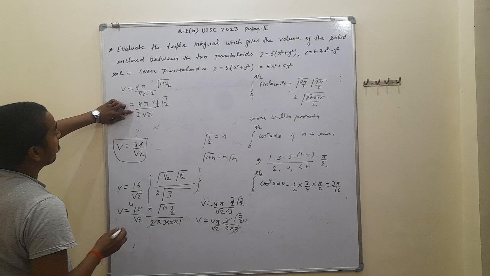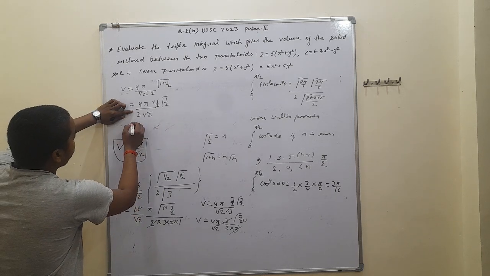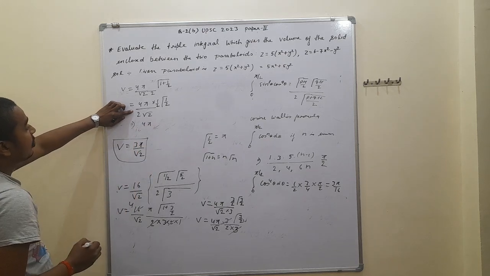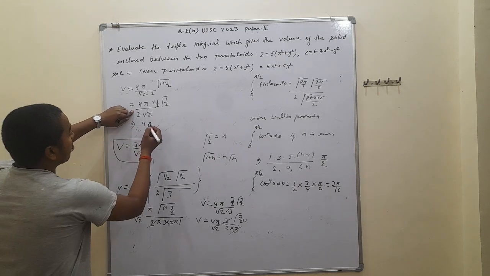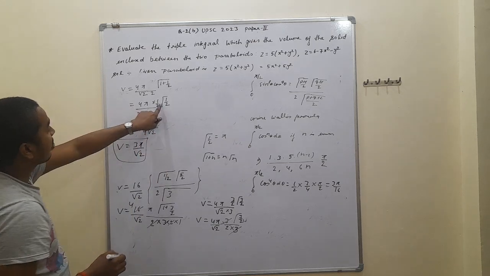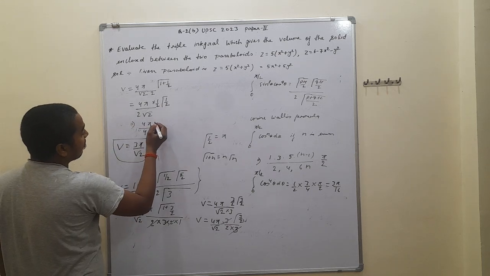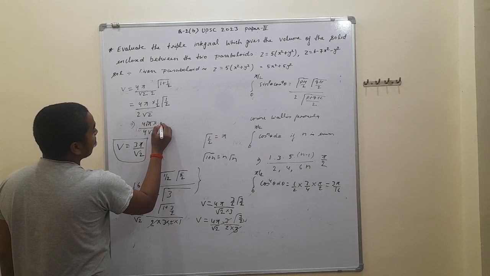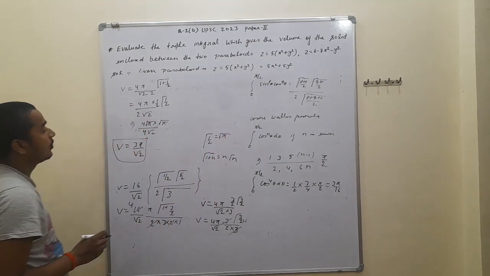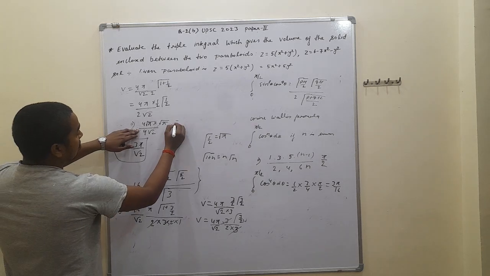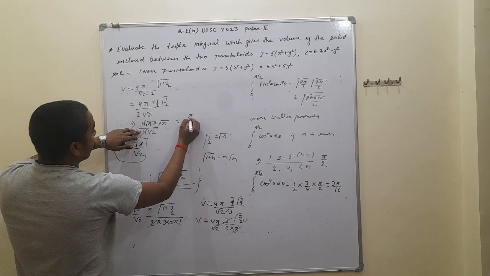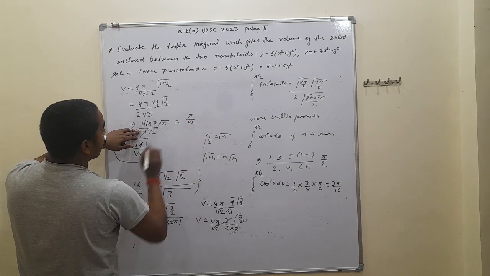From here, once again 4 pi upon 4 root 2, and gamma 1 by 2 is written as root pi. So from here, 4 and 4 cancel out, then the remaining is pi upon root 2.